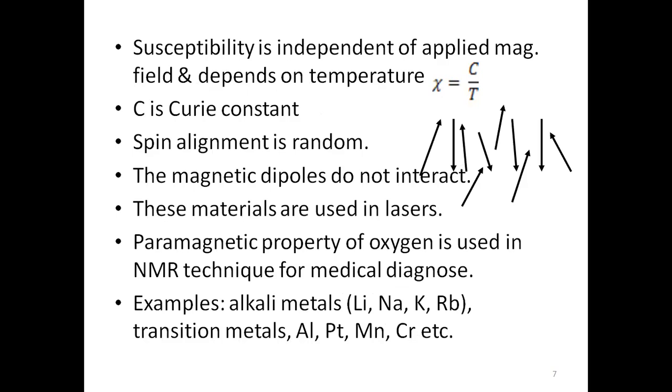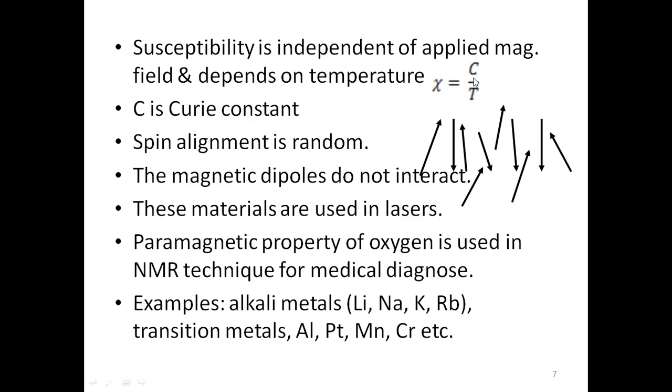The susceptibility is independent of the applied magnetic field, and it depends upon the temperature. This is very, very important. Why? Because in diamagnetic material it is independent of temperature, and here the susceptibility depends upon the temperature.